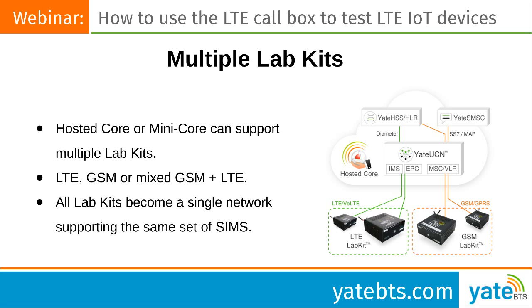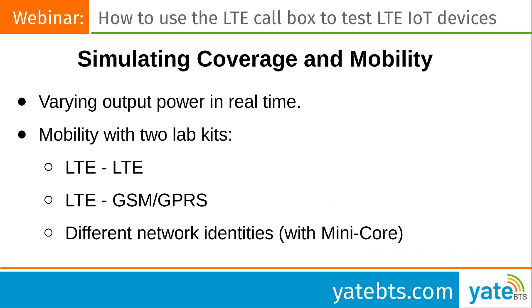But just at this point, accept that if you have a hosted core or a MiniCore, we'll define those a bit later, but whatever core network you're using, you can attach multiple LabKits to them and operate them in any combination of LTE or GSM. And they all become part of the same network and they use the same set of SIMs. So I'm going to talk about why you would do this, and we'll give some examples of this again back at the whiteboard.